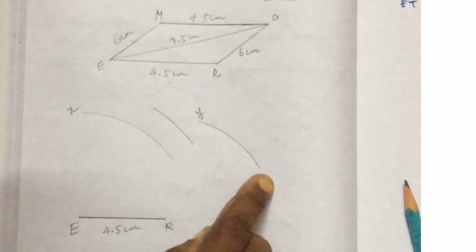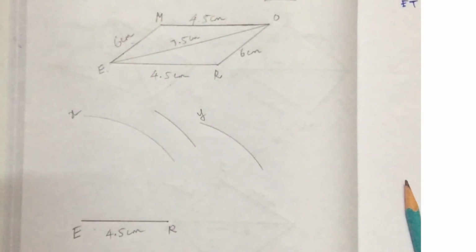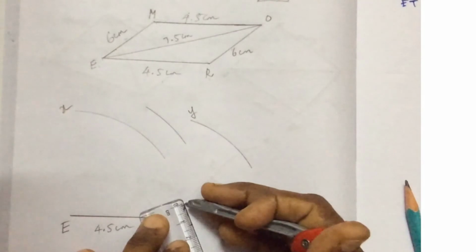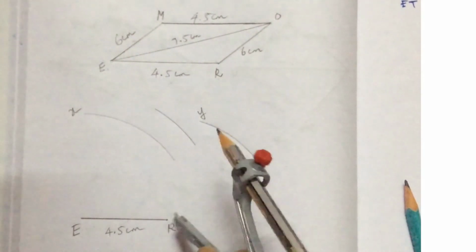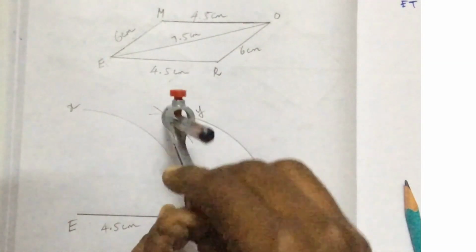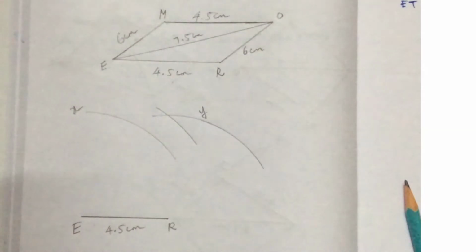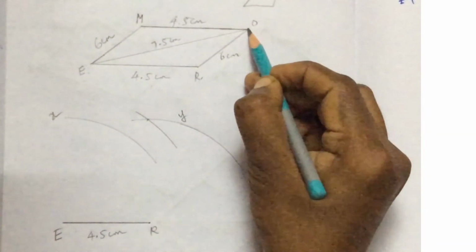Now actually this arc should cut here, so I have to take 6 centimeter again. I am going to extend this arc such that they are meeting at this point. So what is this point? This point is this O.